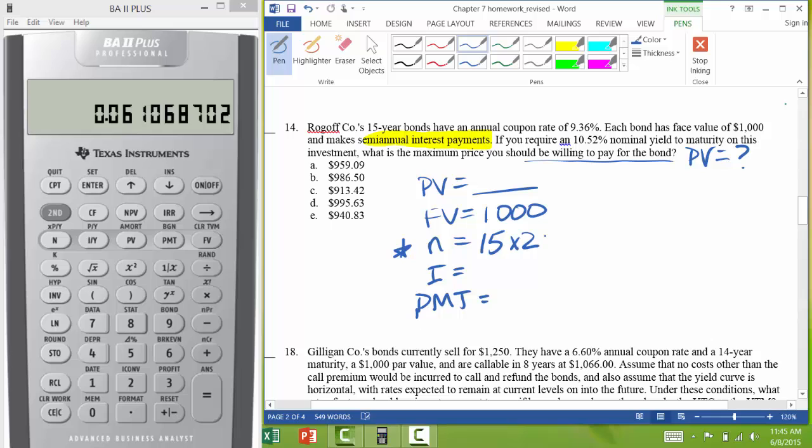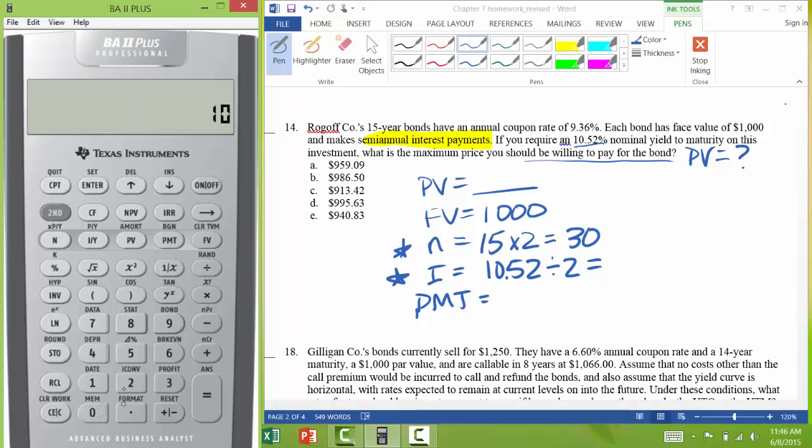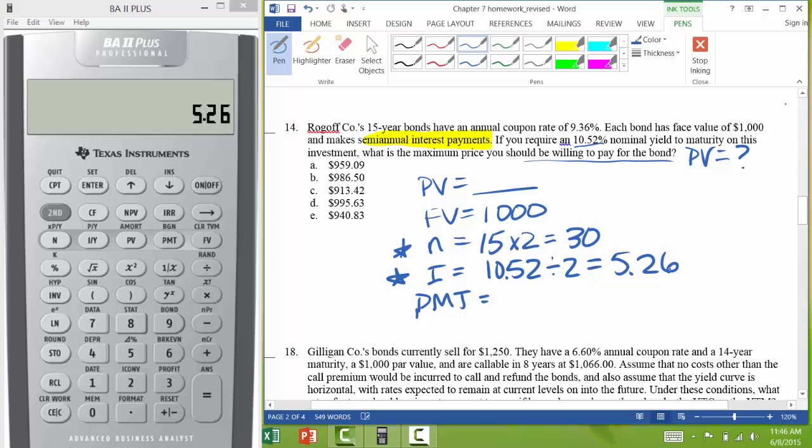So 15 times 2, there would be 30 periods in 15 years. And the interest rate says that you require a 10.52% nominal yield to maturity. So 10.52, this one has to be divided into a periodic rate. And so let me go over here, 10.52 divided by 2. So we're going to put in the calculator 5.26.